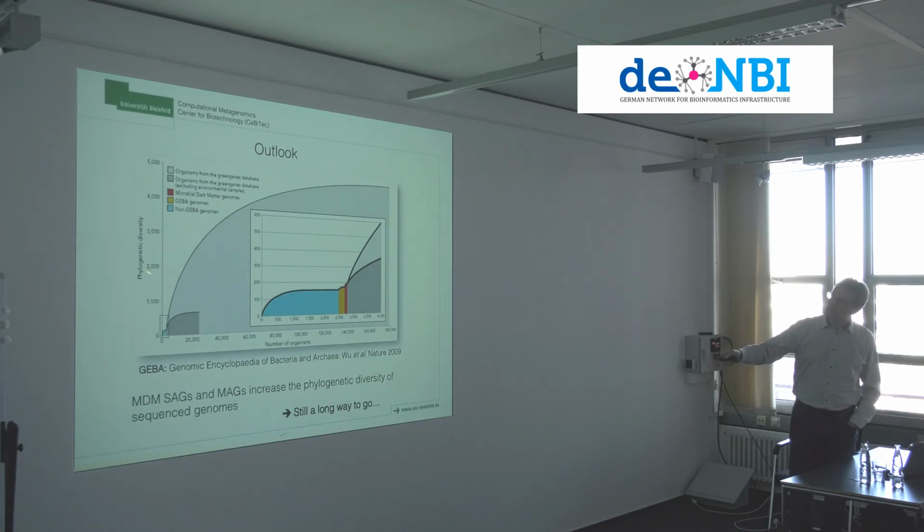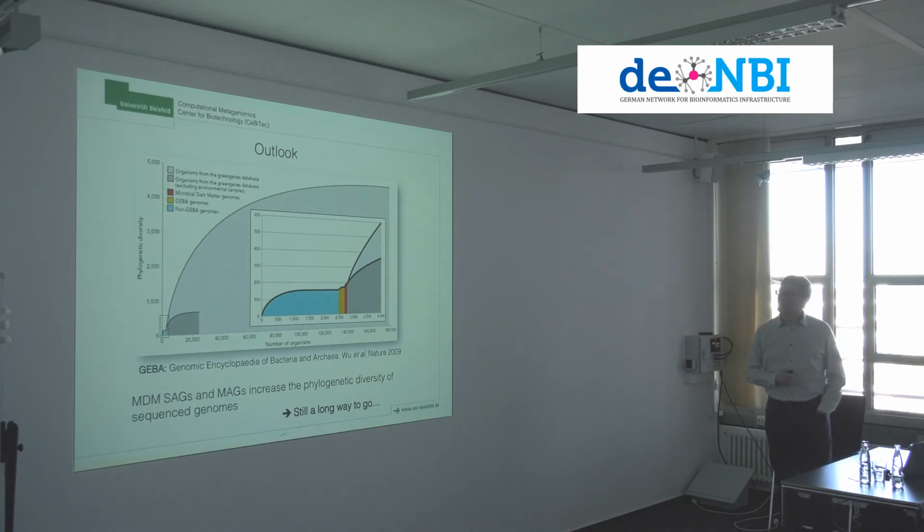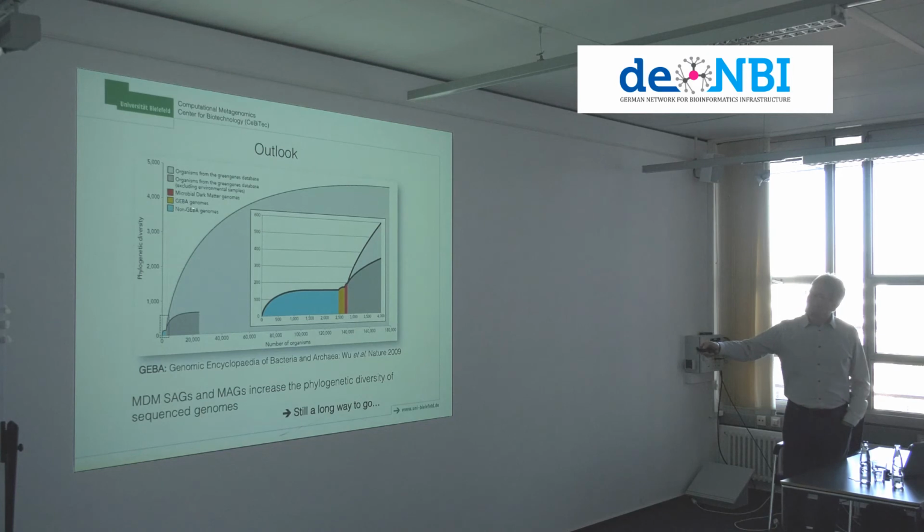And what you see on the y-axis is the phylogenetic diversity, right? Like how diverse are these genomes? And you can see there is not a lot of increase anymore. So people are sequencing genomes and genomes and genomes, but the phylogenetic diversity doesn't change. Right?